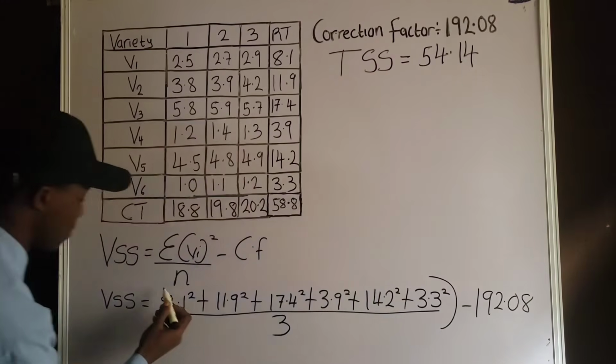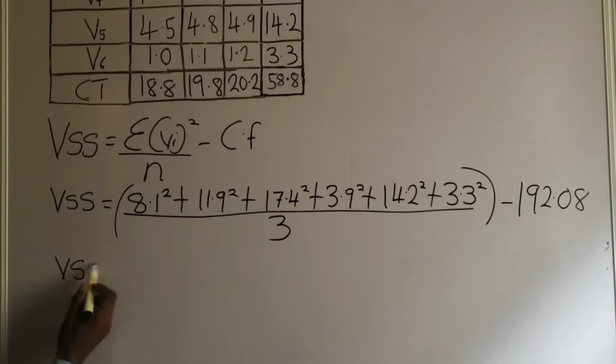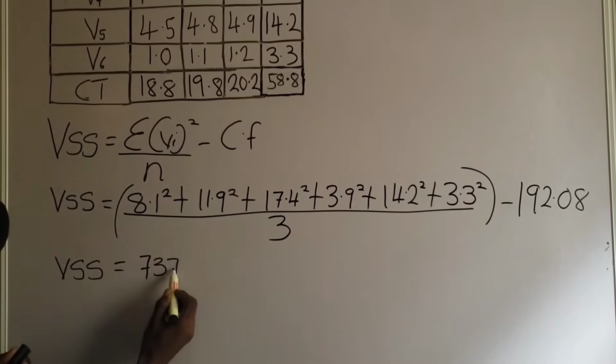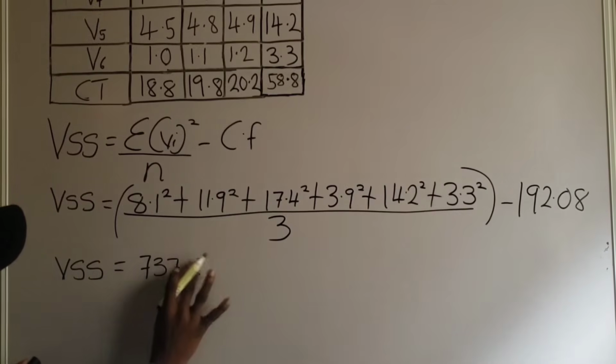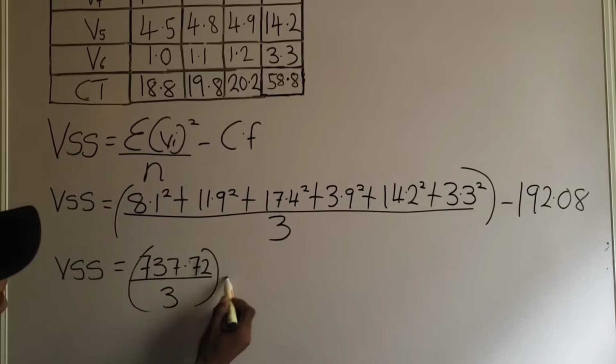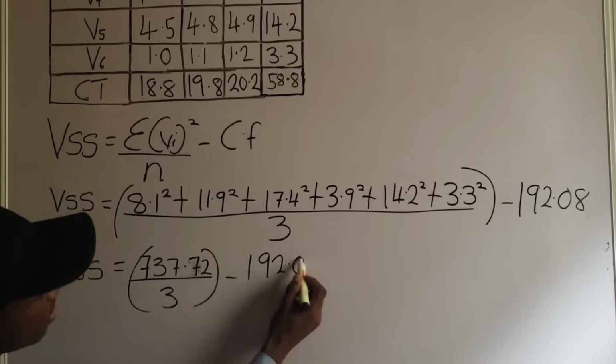192.08. When I sum the square of each variety, I got variety sum of squared is equal to 737.72 all over 3 minus the correction factor, that is 192.08.